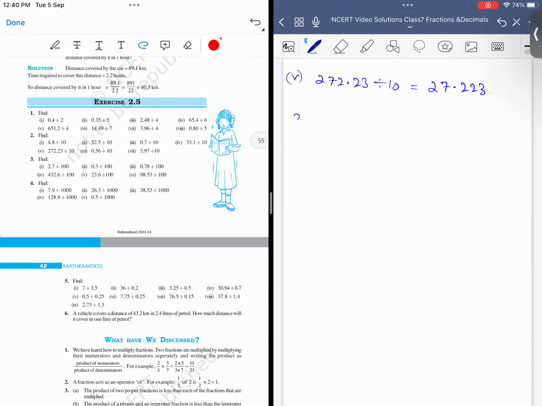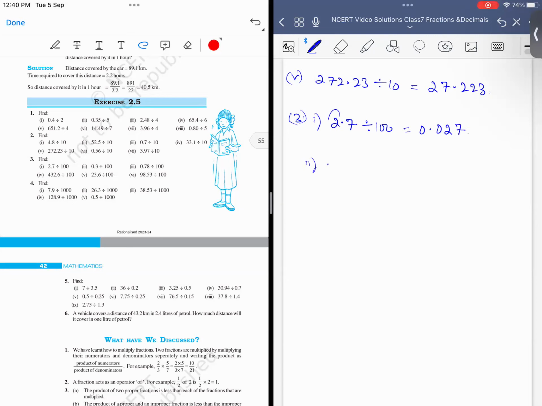The third question. Again, here the decimal numbers are divided by 100. So here the decimal will shift 2 places towards left. 2.7 divided by 100 will shift 2 places. See, 2 came and then one more place, so I have to put 0, 0.027.